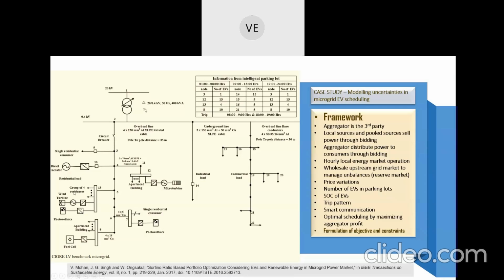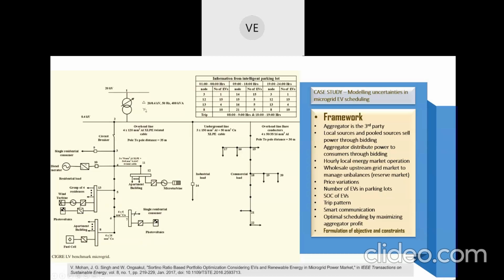A group of 4 residences is here, then a single residential customer, and an apartment building. If the opportunity of having pooled parking lots and pooled power injection from these nodes is utilized properly, then they can buy electric vehicles. But we'll see what happens now.